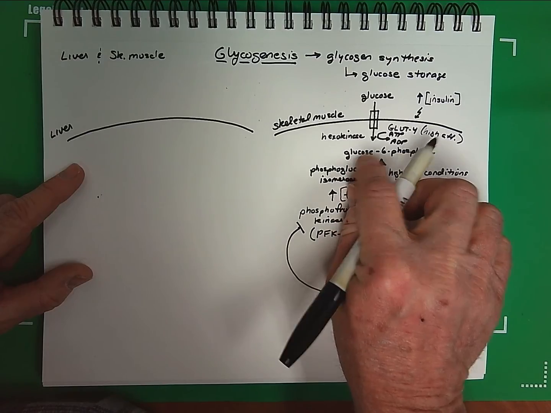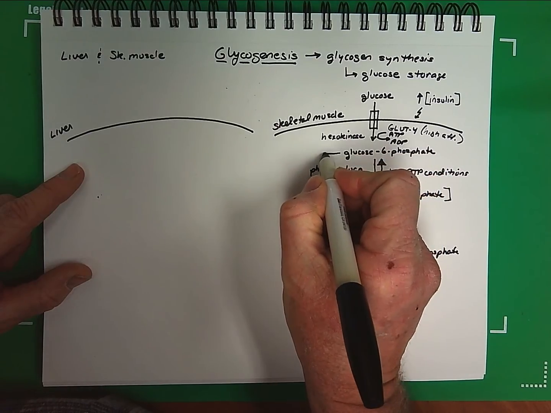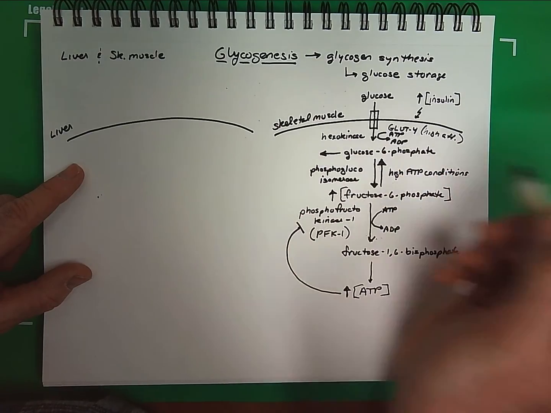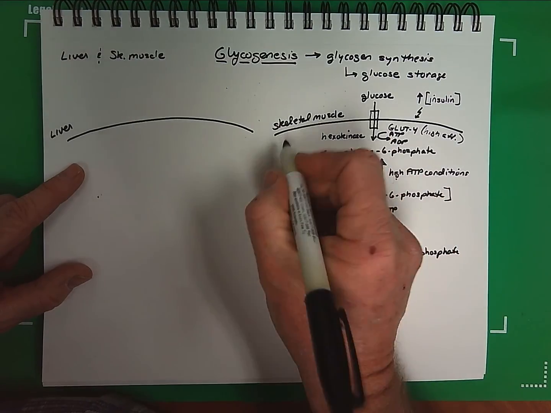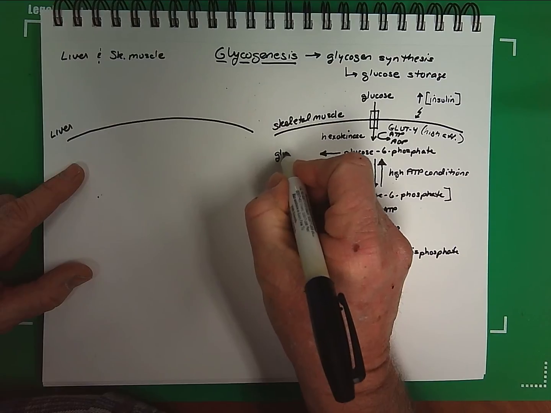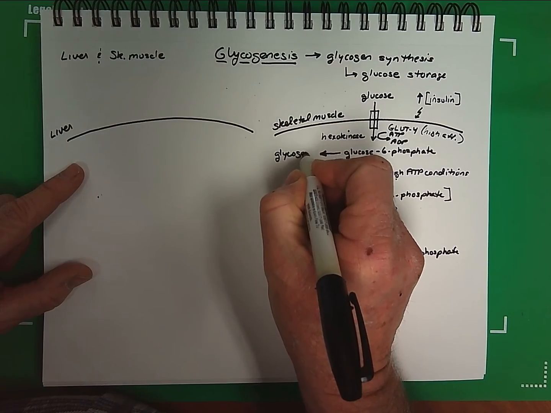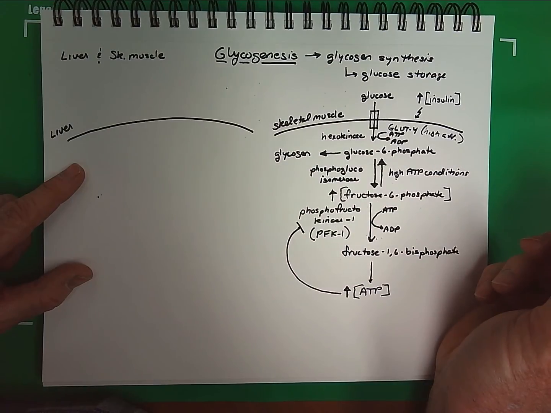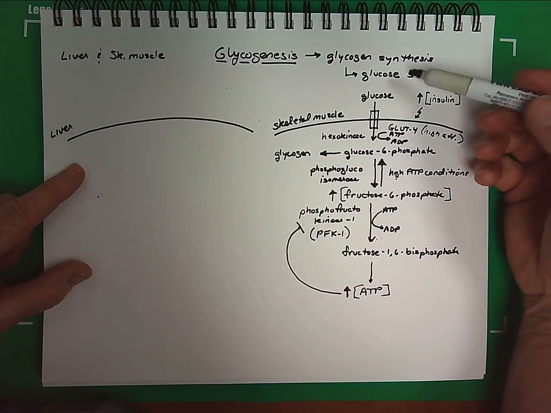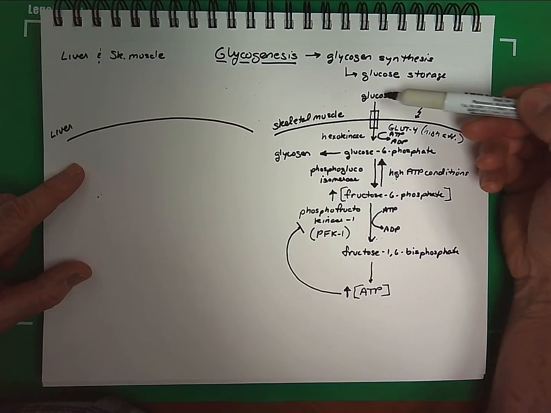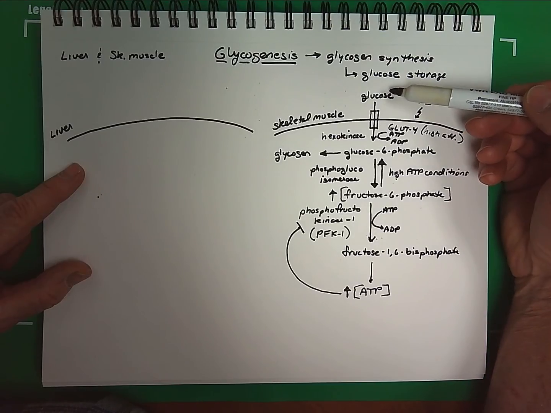So now what we're going to do is we're going to have a branch point beginning at glucose 6-phosphate. And it is this branch that is going to form glycogen. So in essence, in the skeletal muscle, the overall idea is that under fed conditions, we have lots of glucose in the circulation.